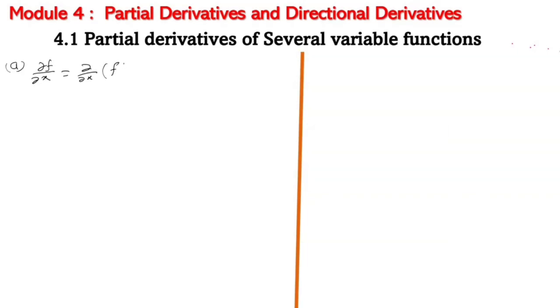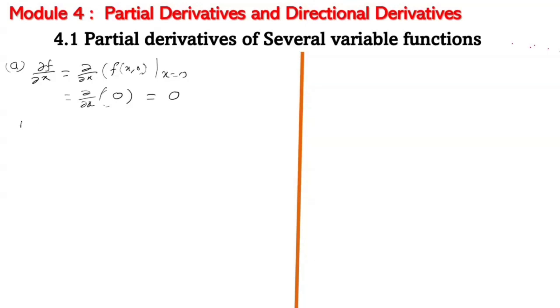It can be like this, del f del x of f(x, 0) at the point x equal to 0. But at (x, 0), the function is still 0, so therefore the partial derivative will be 0.